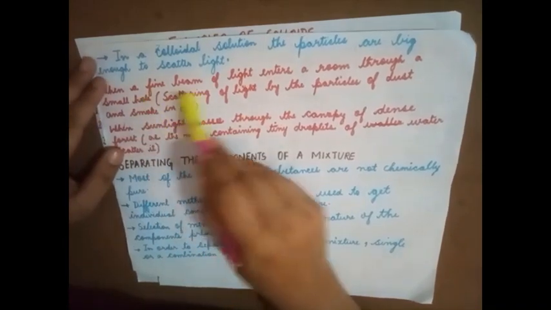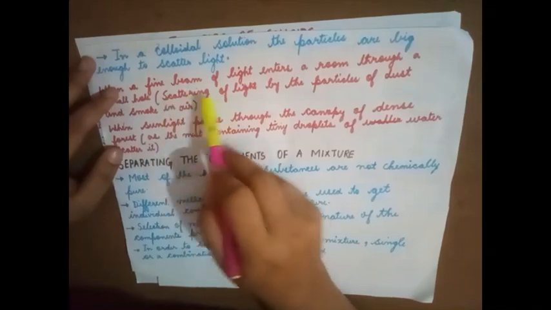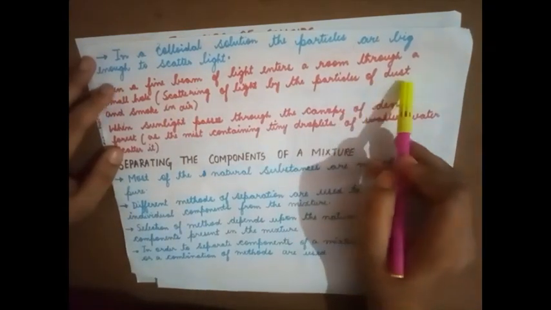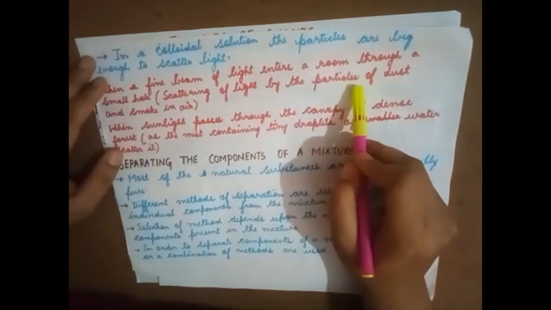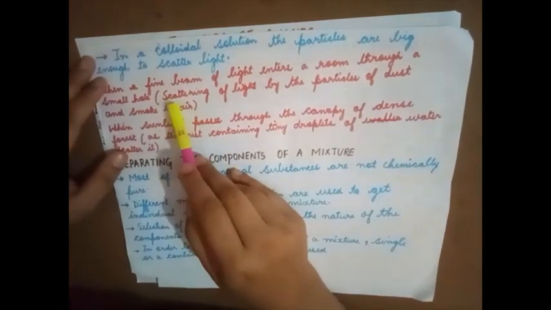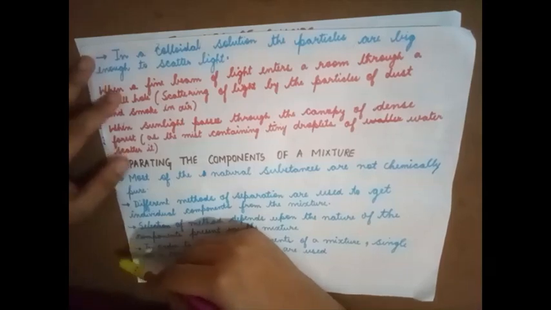Examples are when a fine beam of light enters a room through a small hole. Here there is scattering of light by the particles of dust and smoke in air. The particle size of dust and smoke is quite big enough to scatter the light. That's why we are able to see a fine beam of light when it enters a room through a small hole.